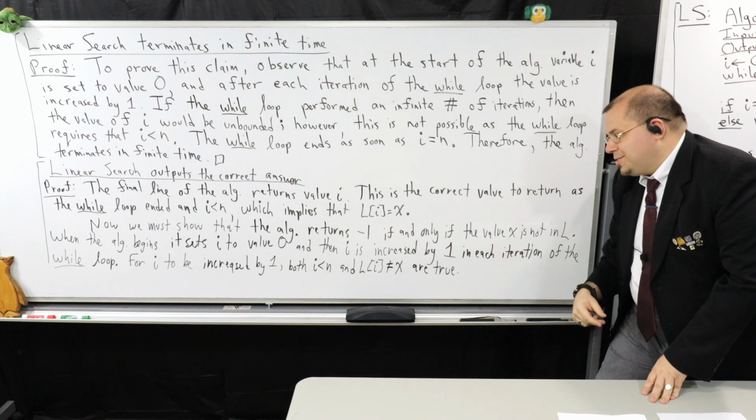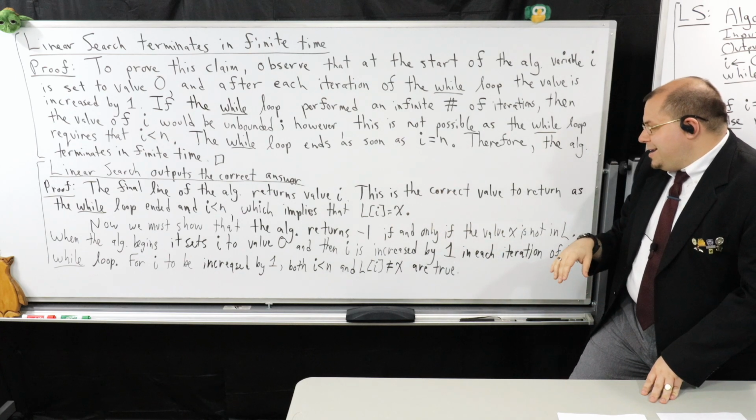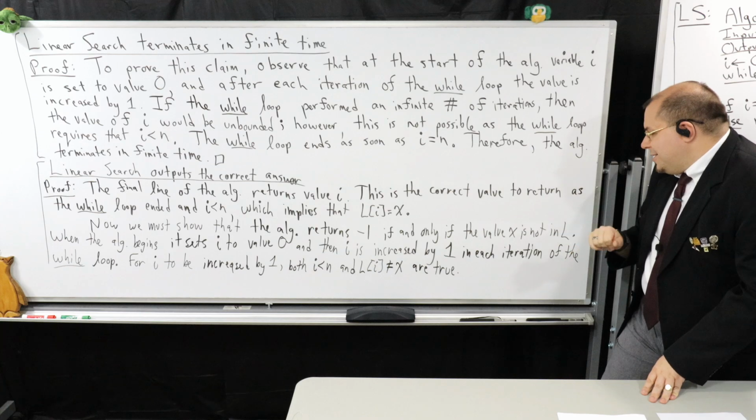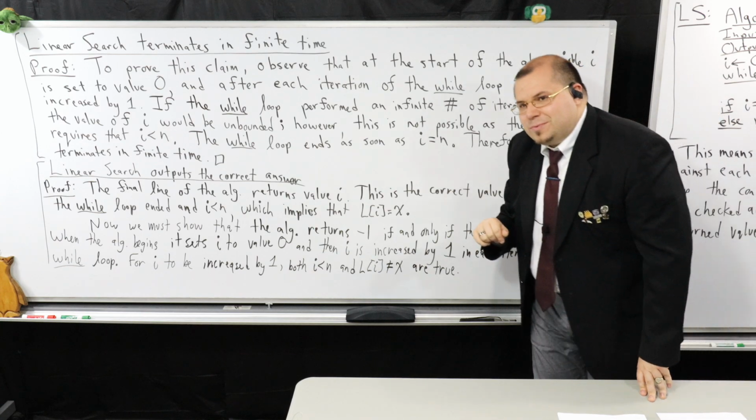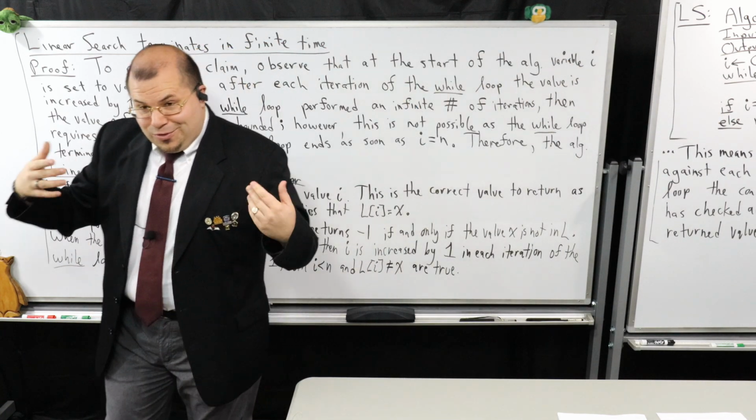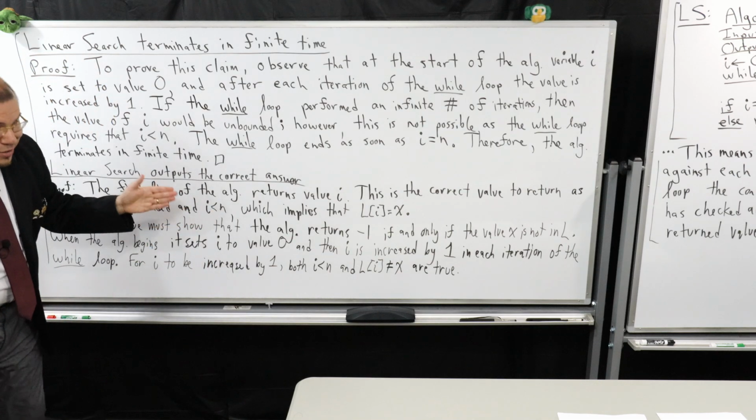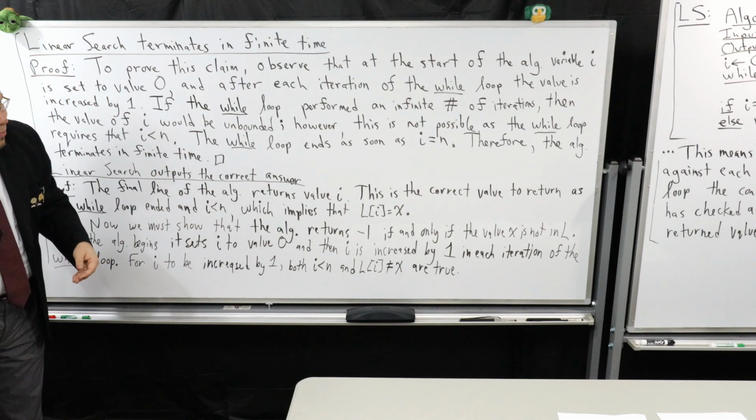So when I say the algorithm returns -1, that only can happen when the value x is not in L, and vice versa. Likewise, if the algorithm doesn't return -1, that means that the value was in L.